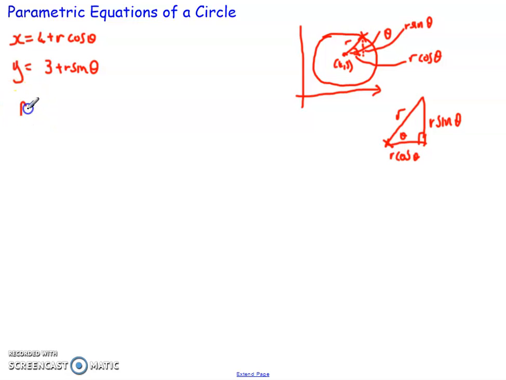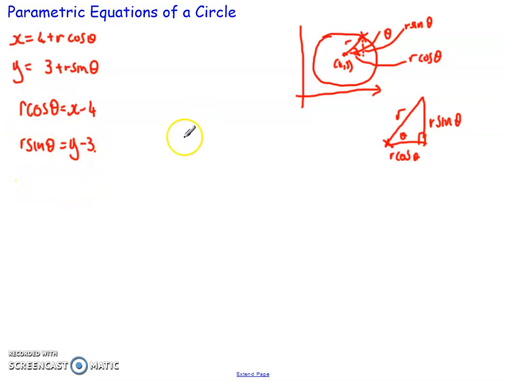So if I take the x one, what I can say is that r cos theta equals x minus 4. Now I might be able to jig this about a bit and get cos inverse of something, but what I'm actually going to do is look at the same sort of idea here and do r sine theta, and what that will give me is y minus 3.